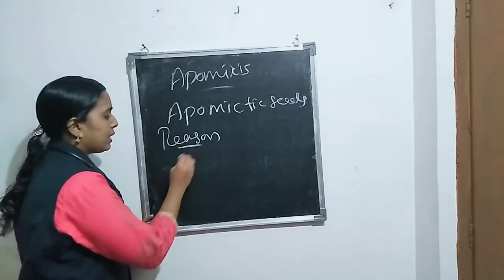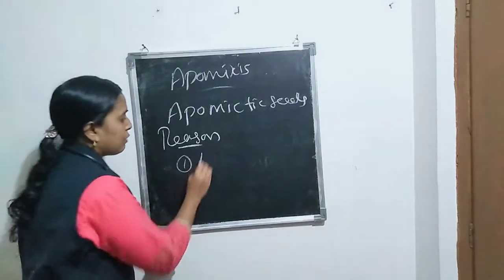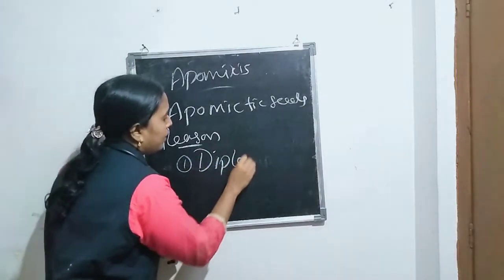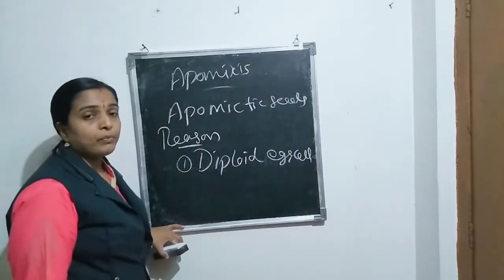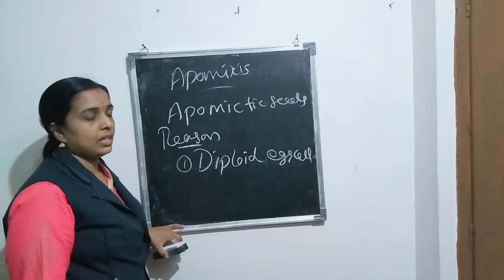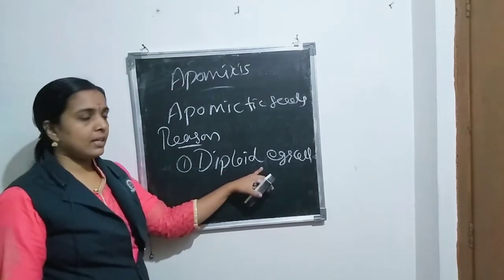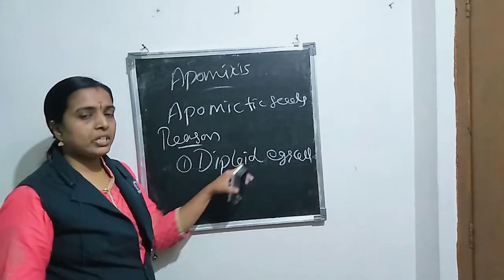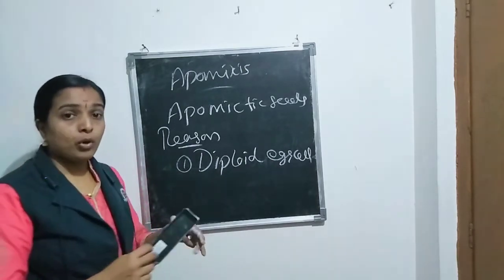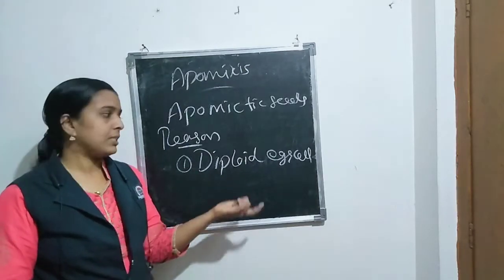The first reason is that a diploid egg cell is formed without reduction division. Listen here, egg cells are always haploid, but here there is an abnormality.